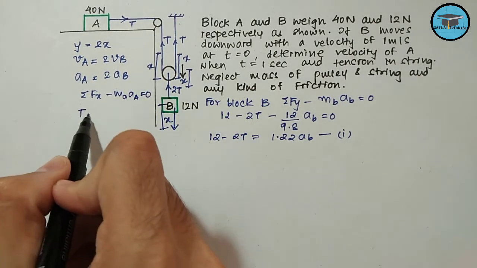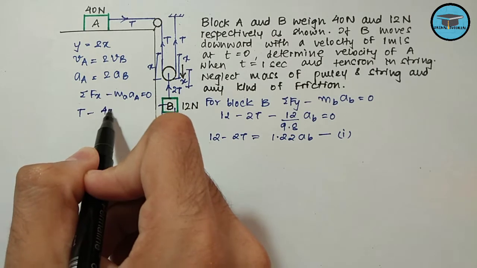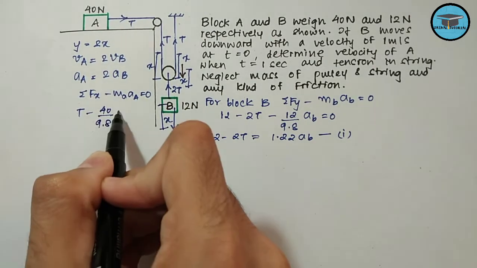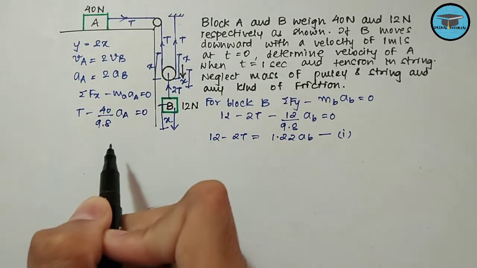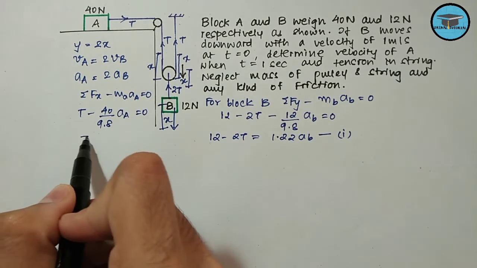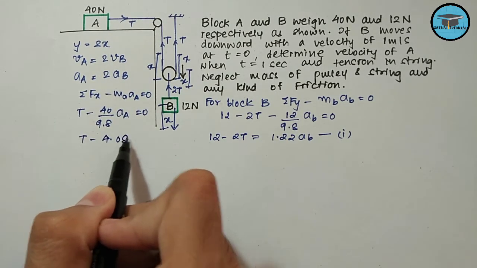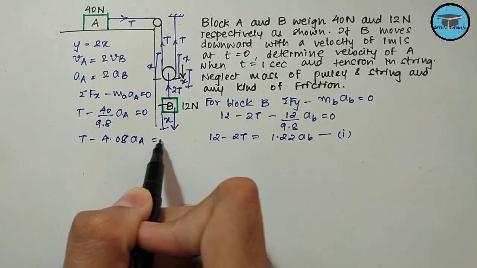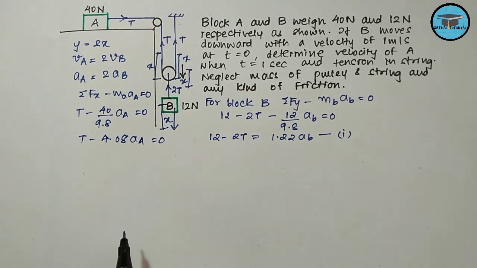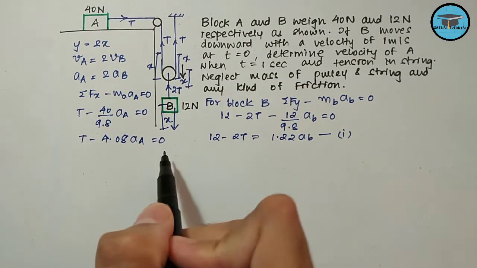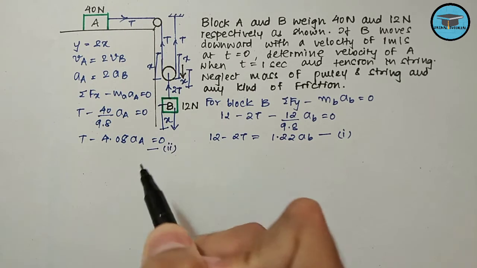So T minus mass of A, that is 40 divided by 9.8, into acceleration of A equals 0. So we get T minus 4.08 into acceleration of A equals 0. Okay, we have got two equations, but there are three variables.